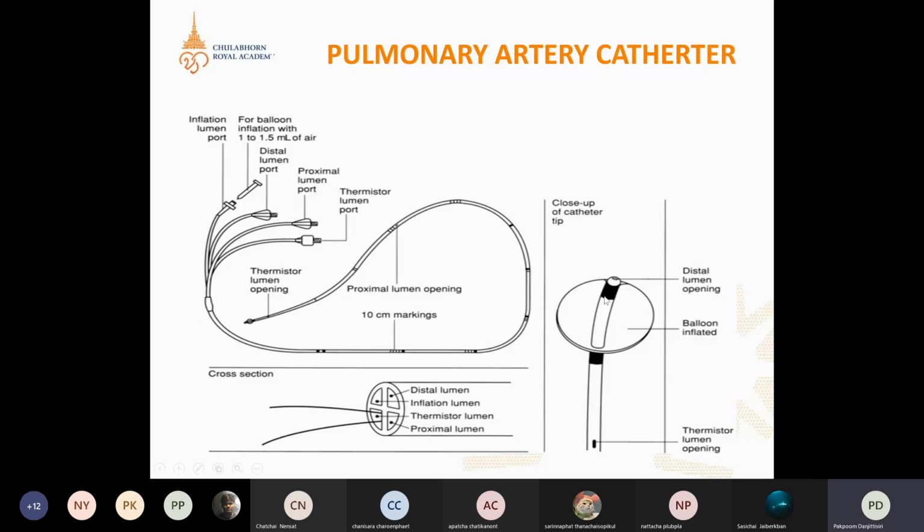At the tip of the catheter, you will see the distal lumen opening over here, and this is part of the balloon that can be inflated to monitor the pulmonary capillary wedge pressure. Here is the thermistor lumen opening.